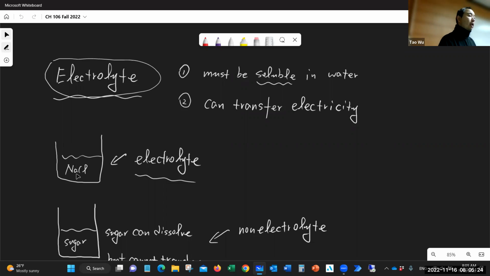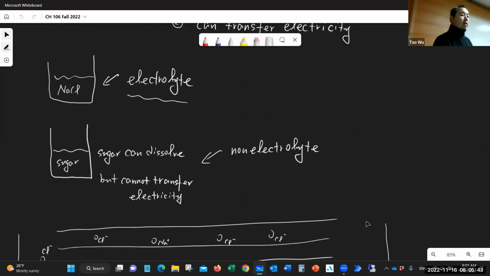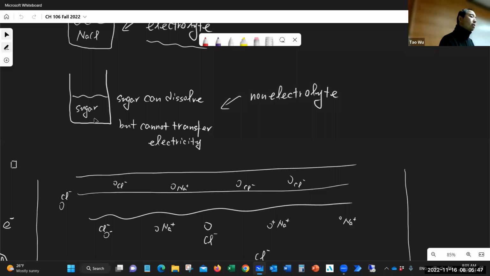So electrolytes are generally solutions containing ions. Solid sodium chloride is a solid, but when it dissolves in water, it becomes ions, so it can transfer electricity. But some other compounds, like sugar, especially organic matter, can dissolve in water but do not become ions.